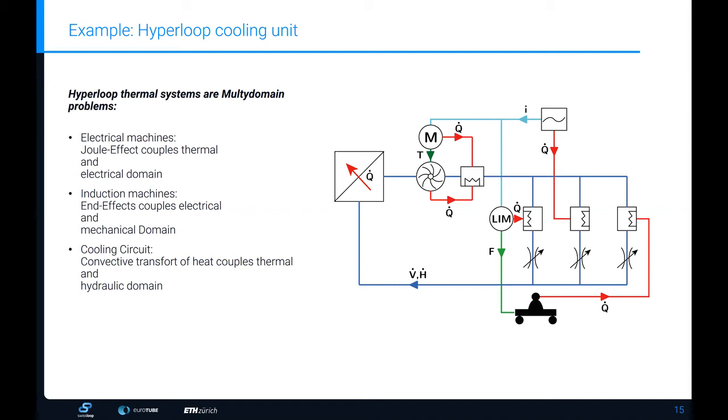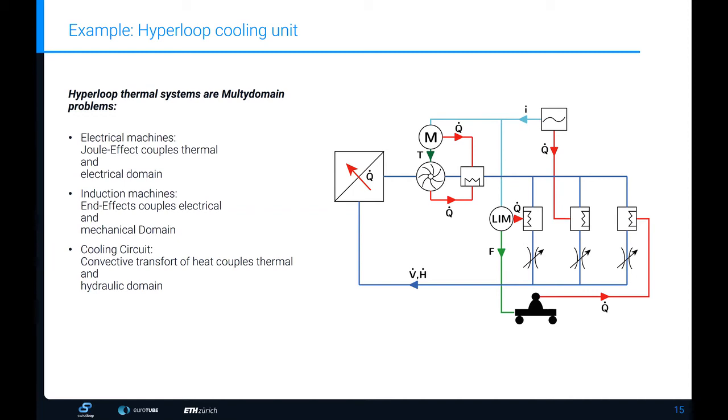And last but not least, the cooling circuit is flooded by some kind of refrigerant or water or whatever, and the heat inside of this fluid is transferred by convection, and convection is always a coupling between the thermal and hydraulic domain. So you have the fluid dynamics, which defines how the flow is flowing, and you have the thermal aspects, how the heat is coming into the flow.